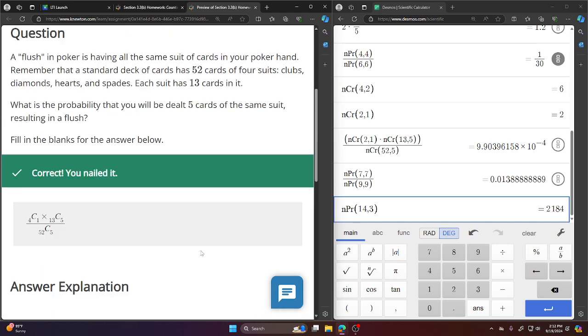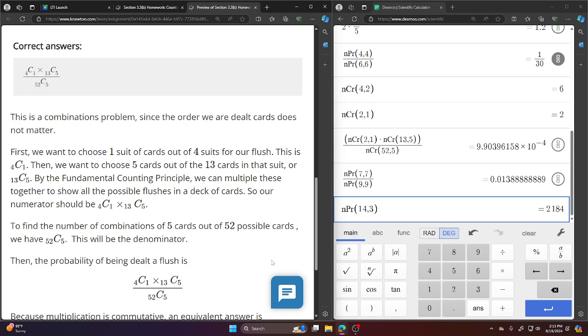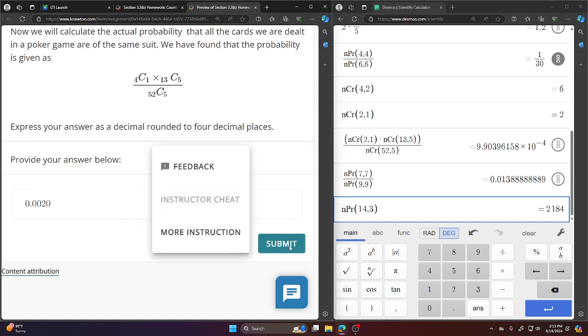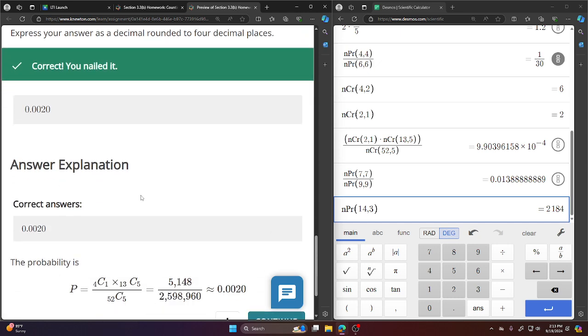I got it. But do you see how it didn't restrict us this time? Last time it said, put them in 2 different groups, all that kind of stuff. This one I'm saying I got 4 total suits that I can pick from, and I just need one of those. Okay? And now I have to figure it out. So, instructor cheat. Yay, I got it right, guys.